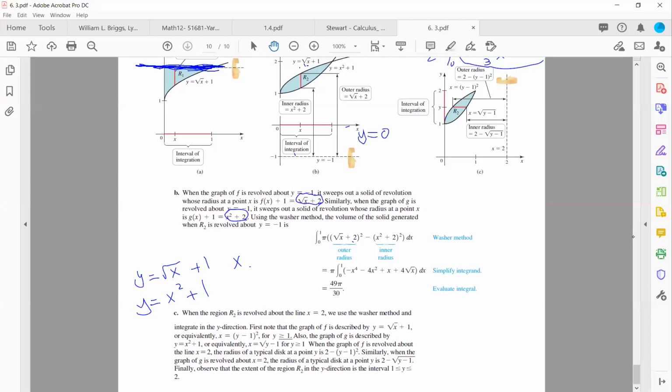So x is equal to, if you want to take this one, square root of x is equal to y minus 1, and here you have x squared equals y minus 1. So your first function is now x equals (y minus 1) squared to get rid of the square root. And the second function is now x equals square root of y minus 1.